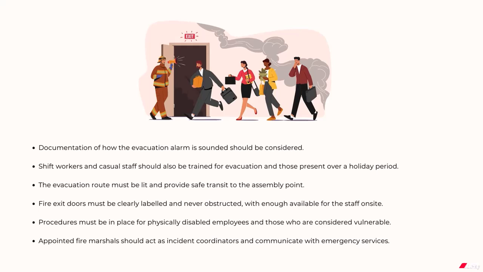Fire exit doors must be clearly labeled and never obstructed, with enough available for the staff on site. Procedures must be in place for physically disabled employees and those who are considered vulnerable. Appointed fire marshals should act as incident coordinators and communicate with emergency services.